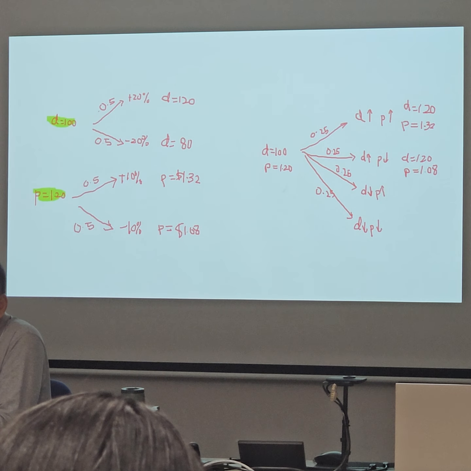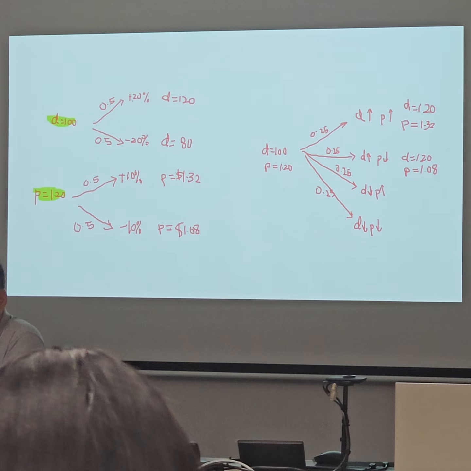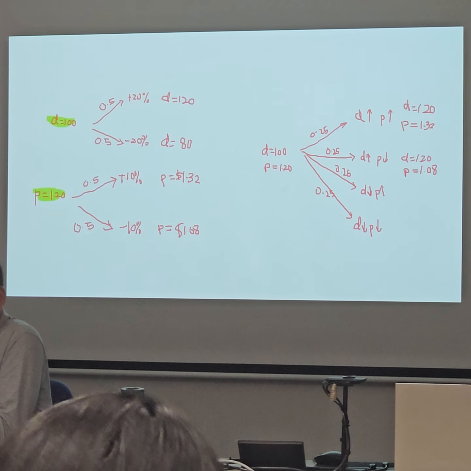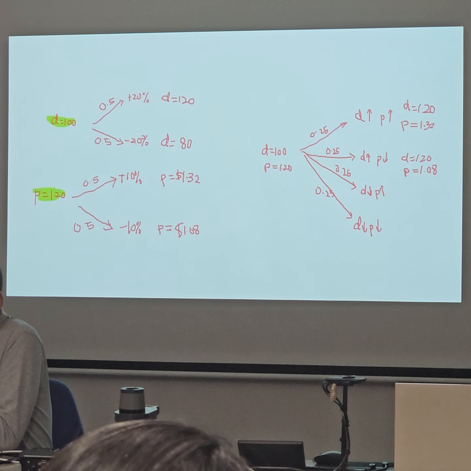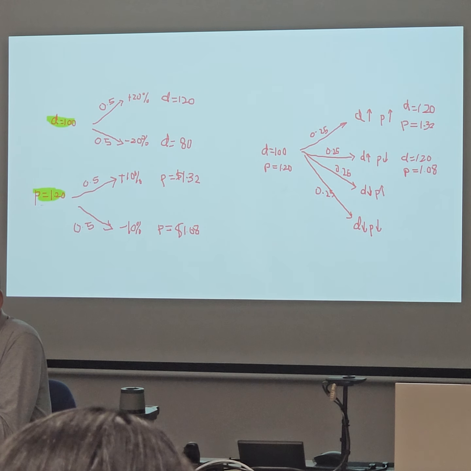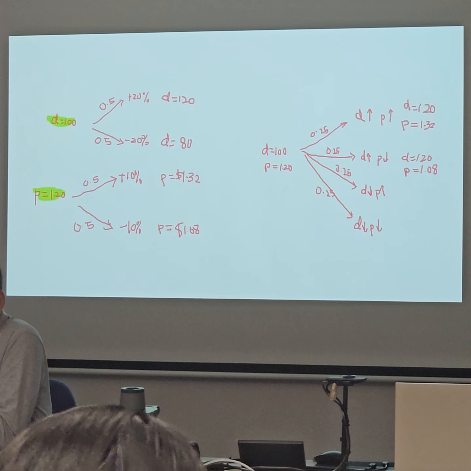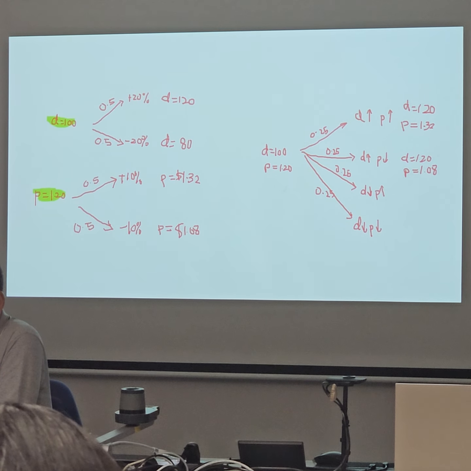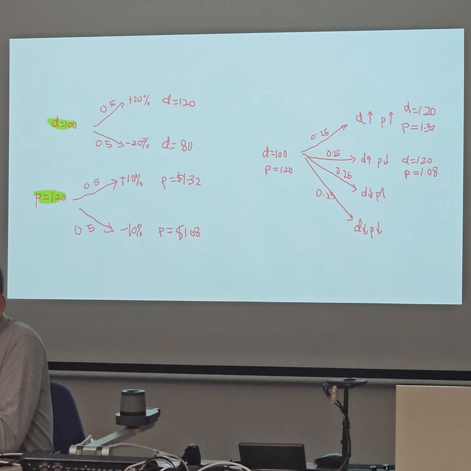There's a 0.5 chance that it will go up by 20%. Understand? So D is 120. There is a 0.5 chance that it will go down 20%, so it will drop to 80. Understand so far? The spot price of the warehouse, there's a 50% chance it will increase 10%. Now it's 120, so increasing 10% gives 132.